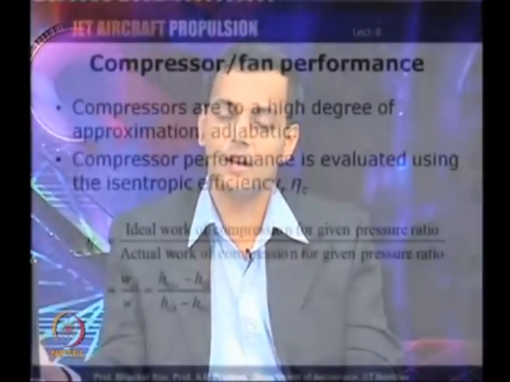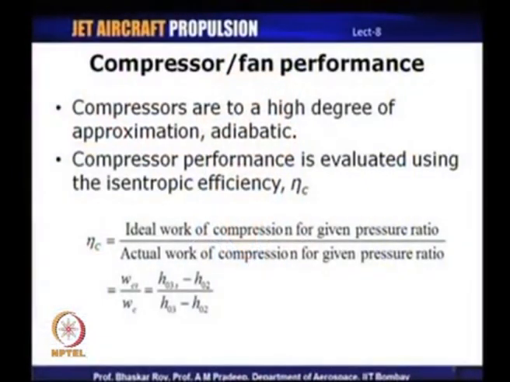Now, as we approximated in the case of intakes, compressors are also, to a high degree of approximation, adiabatic. So, how do we evaluate the performance? Compressor isentropic efficiency is basically defined as the ratio of the ideal work of compression for a given pressure ratio divided by the actual work of compression for the same pressure ratio.